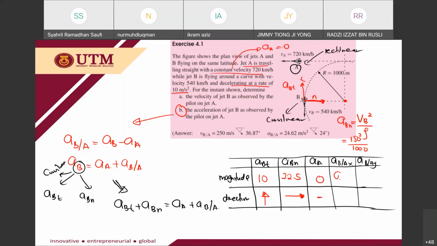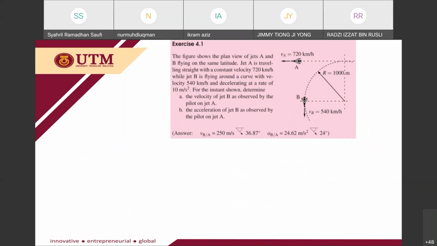And then acceleration of B relative to A, x component, I just made the assumption to the right, and acceleration of B relative to A, y component, upward. And then along the horizontal component, to the right is the positive x axis.